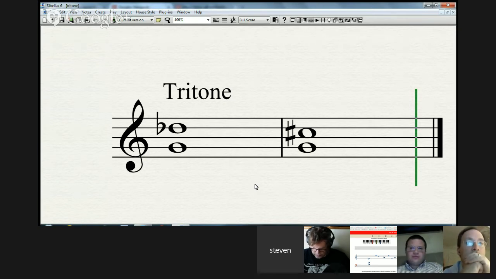And of course, in this case, both being tritones, they sound exactly the same, but one is a fifth. The first one is a diminished fifth, and this is an augmented fourth. If you play them on a piano, they look identical. If you count the half steps, they come out the same, but the answer is different.